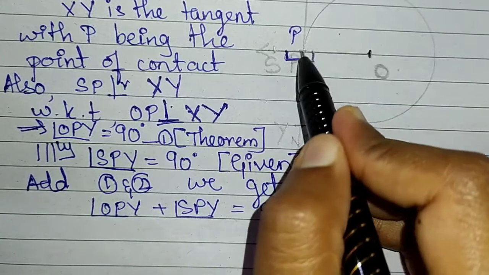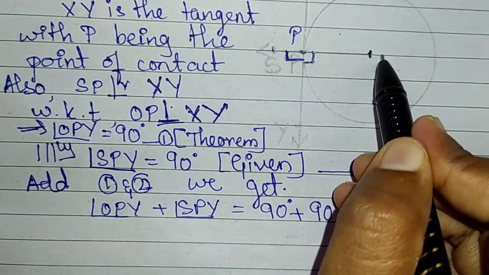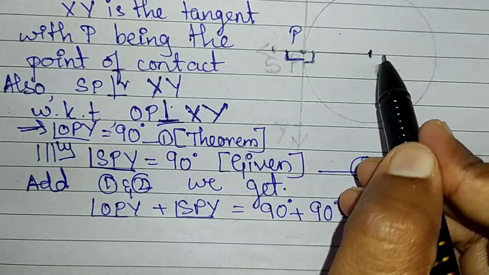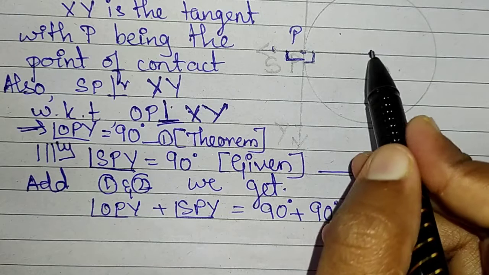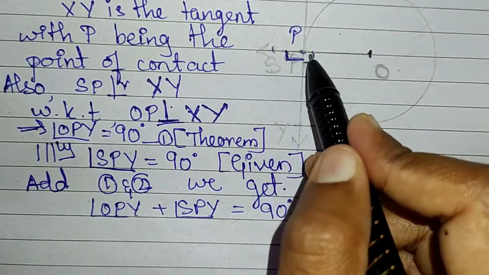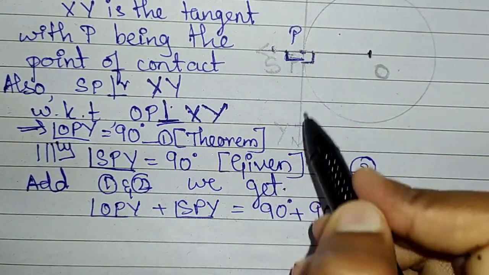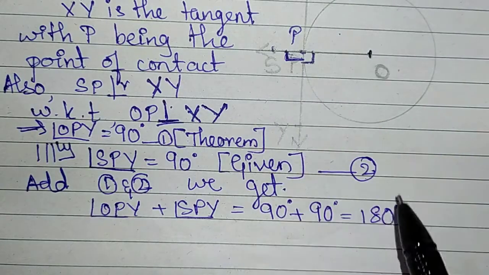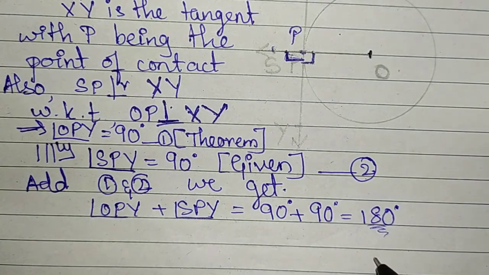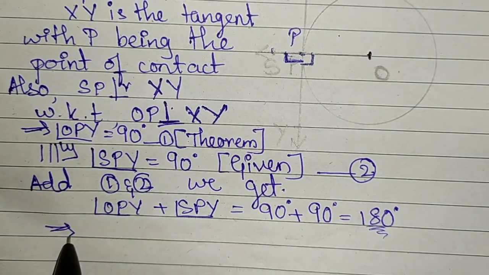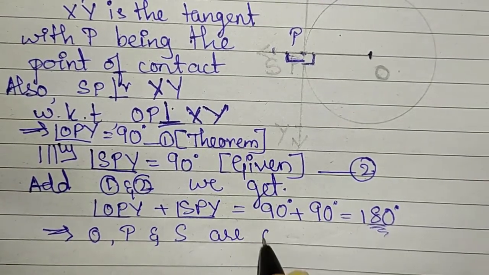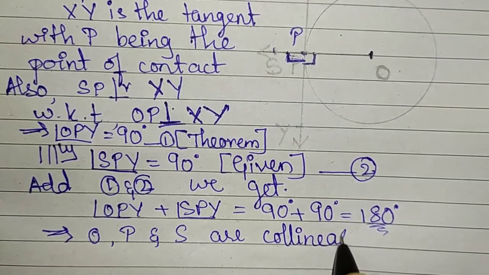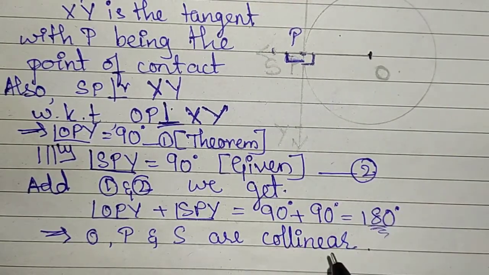We have 3 points O, P and S, and when we draw a line passing through all these 3 points, and there is another line standing on top of these 3 points, then the sum of the angles made by the third line, that is our tangent, is exactly equal to 180 degrees, which is an indication of the linear pair. This implies O, P and S are collinear. That means all the 3 points lie on the same line.